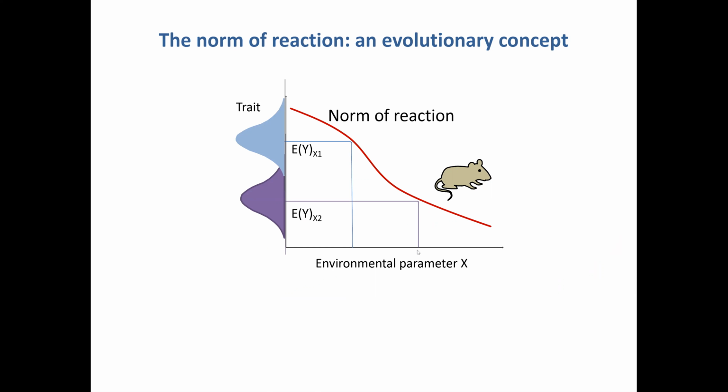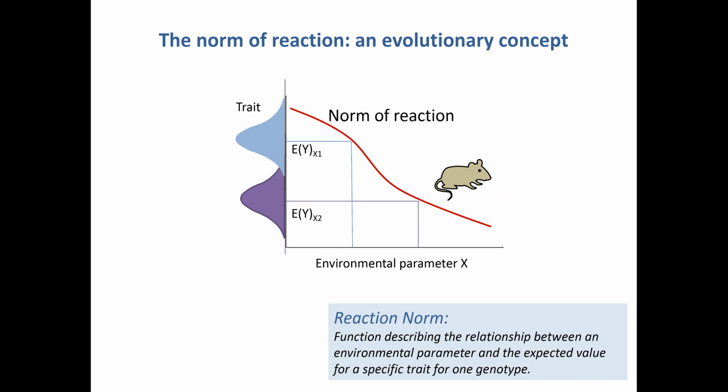So an animal growing up in this environment here, where you have a certain environmental parameter, think for example of ambient temperature, but it can be anything else, like the absence or presence of predators, will show such a phenotype. Of course, there's a lot of phenotypic variation which is not explained by this specific environmental parameter, but by others. And an animal growing up in a different environment might turn out differently.